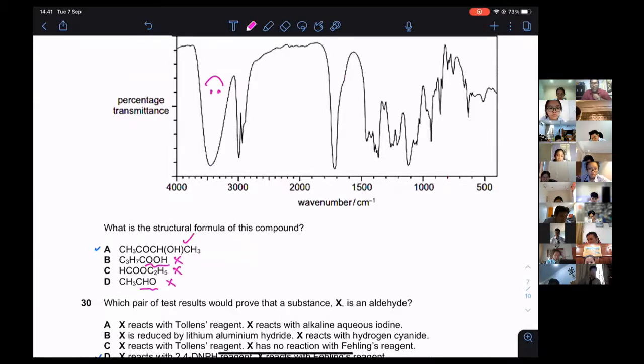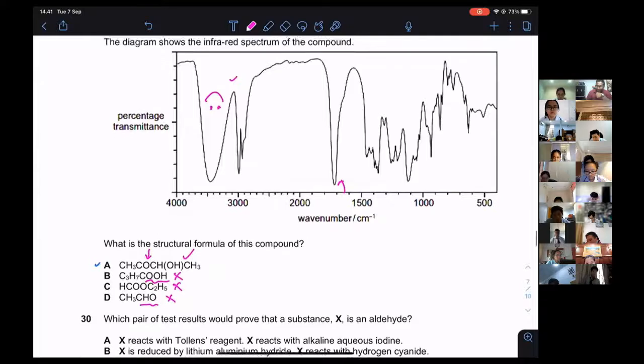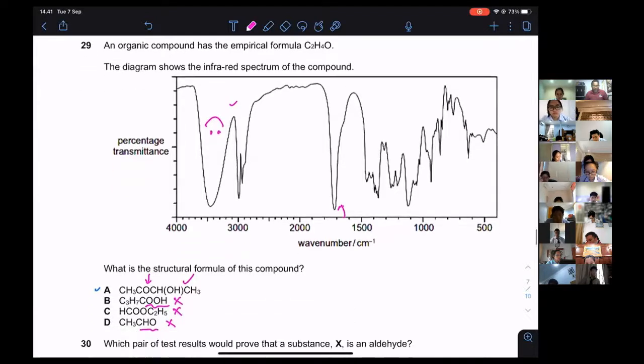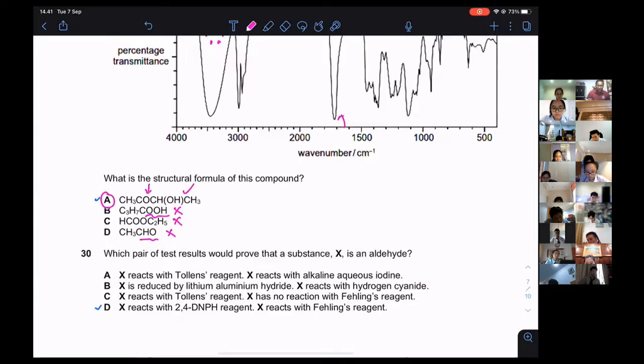This is the only one with alcohol, and of course there are other things as well, maybe represented by this and so on, but I don't care. Then they say this is the empirical formula. You just need to find out or guess what will be the best answer. The best answer, I think this one, A. Quite simple to do.